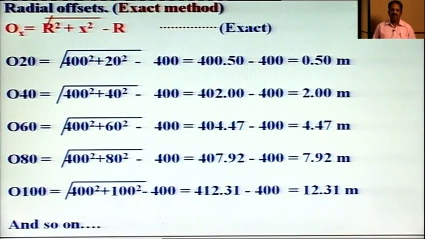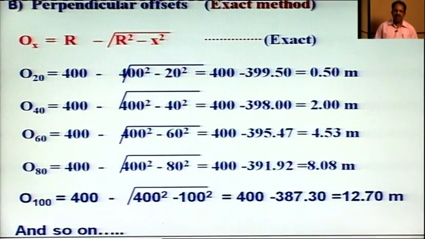When we fill the values, O20 is 0.5 meter, O40 is 2.00 meter, O60 is 4.47 meter, O80 is 7.92 meters and O100 is 12.31 meter. So, in this way we have calculated the various offsets.